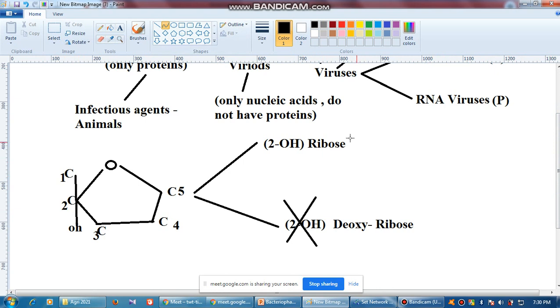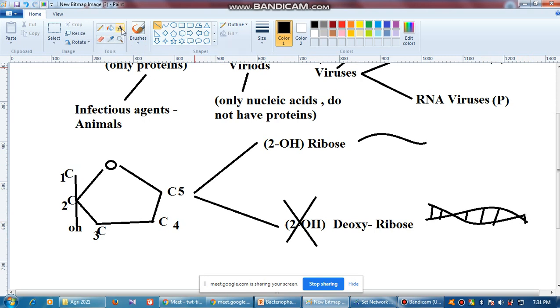For example, in this one if we draw it, and this one if we draw it, the deoxyribose-containing entity has two strands, whereas the entity that is made up of only ribose has a single strand.